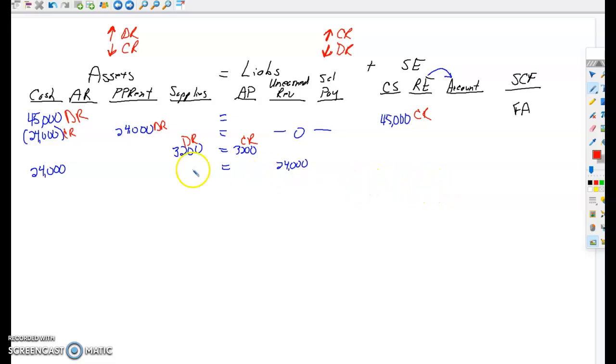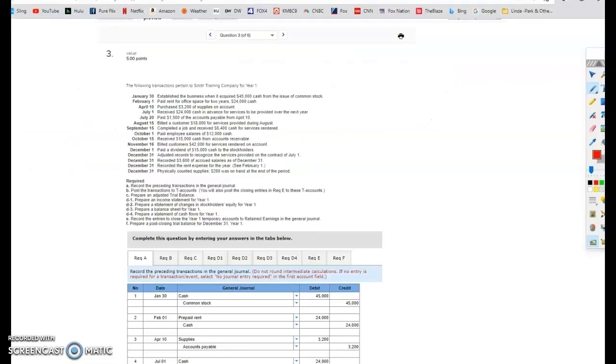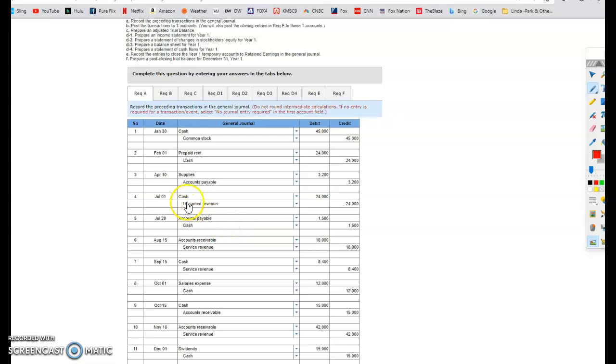Now assign your debit and credit. Assets go up with debits, so we're going to debit cash. Liabilities go up with credits. So I'm going to go to the journal, debit cash, credit unearned revenue. And that's exactly what they've done. They debited cash and they credited unearned revenue, writing it out.